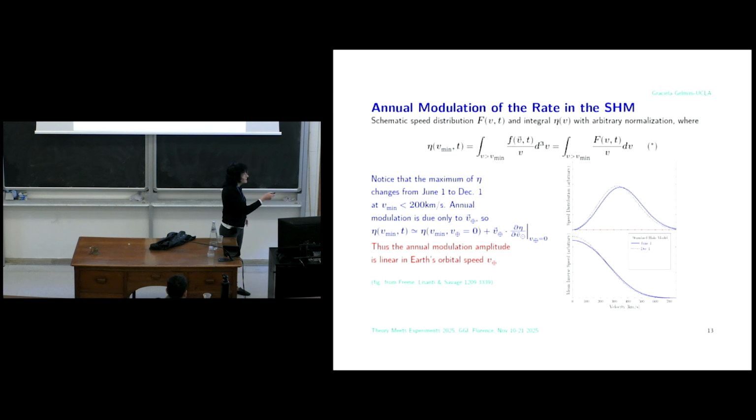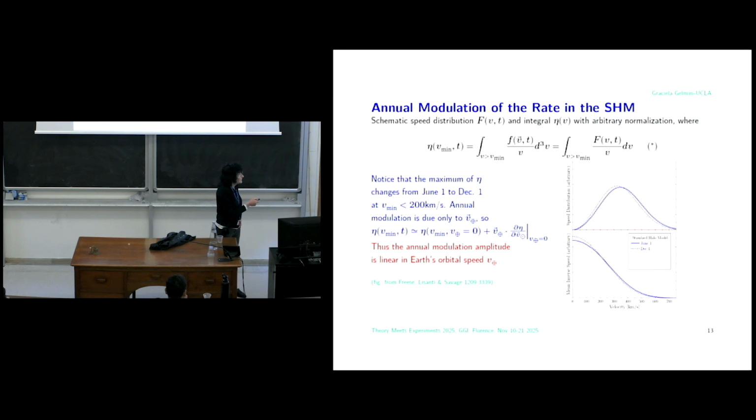This is an integration in d^3v, but if there is no directionality, if you are averaging with respect to directions, which is what we do, then you can write it directly as a function of the speed. This is the speed distribution.